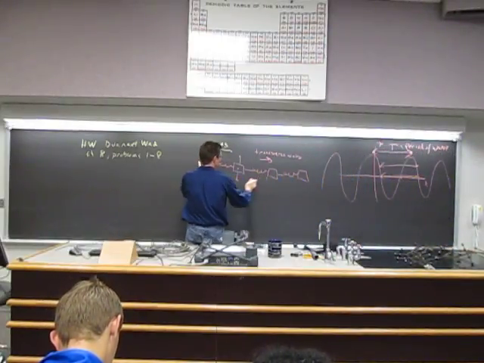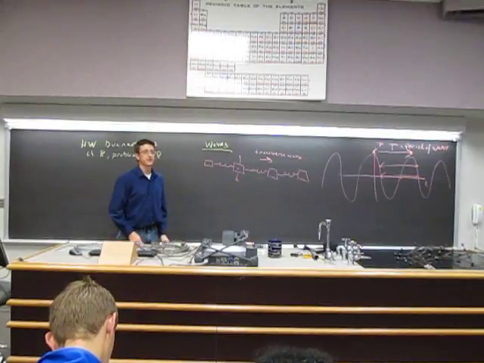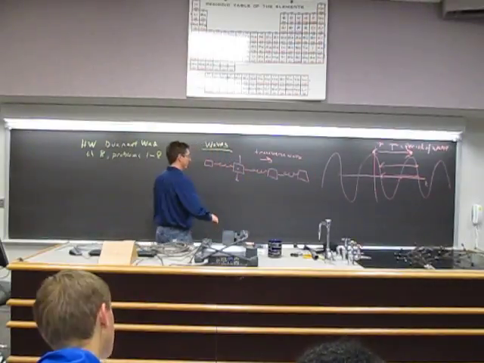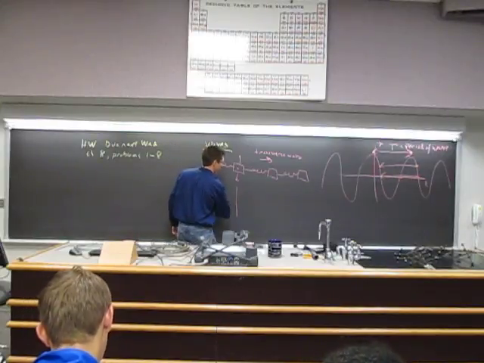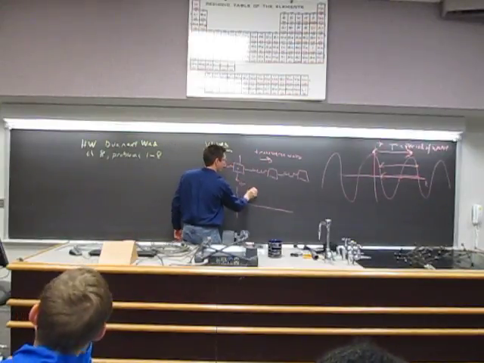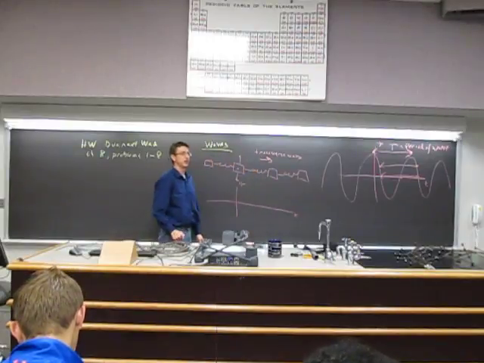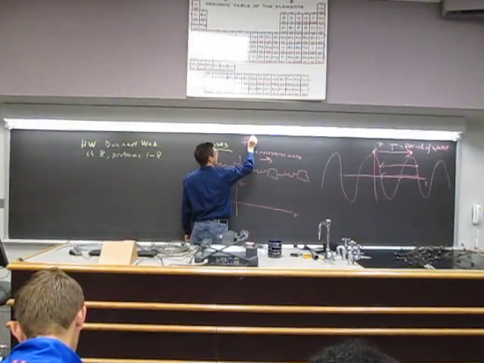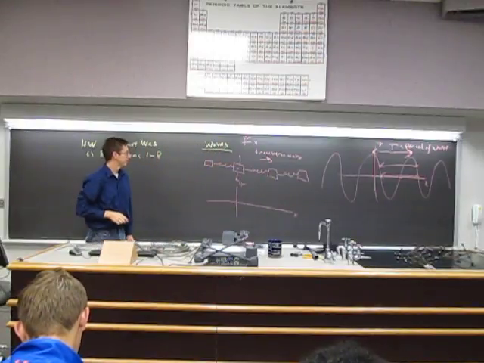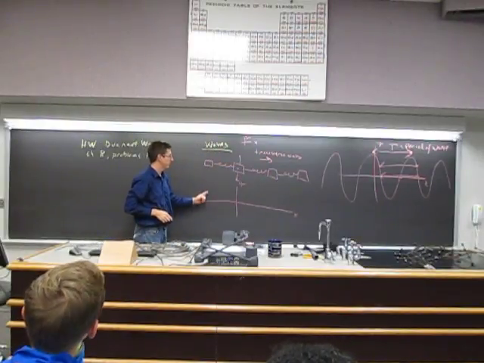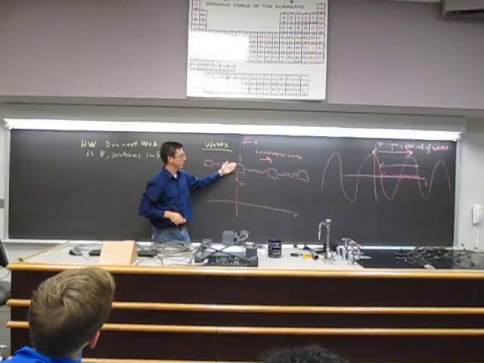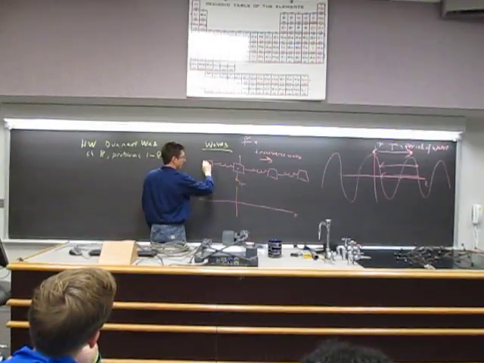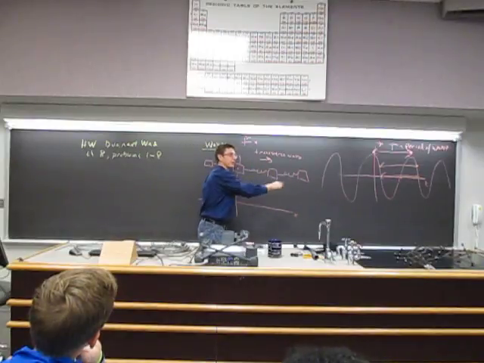If I were to draw the displacement of these masses, I'm going to look at y as a function of position x. I have y going up here and x going over here, and I plotted the position of the spring and the masses at any point. If I had a wave going through here, it's going to do something like this, right?